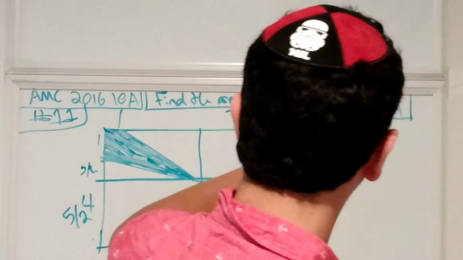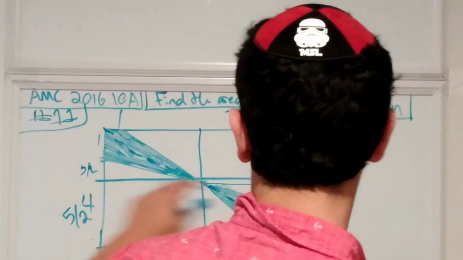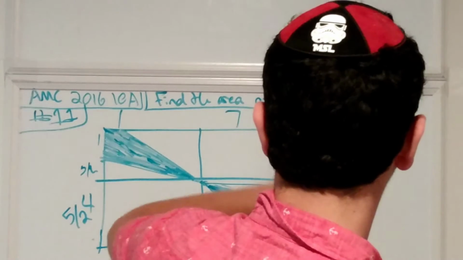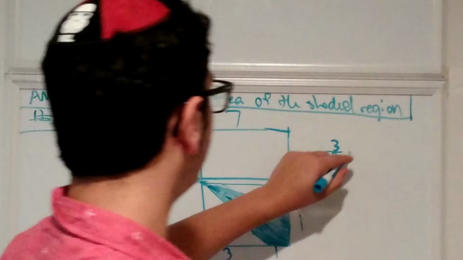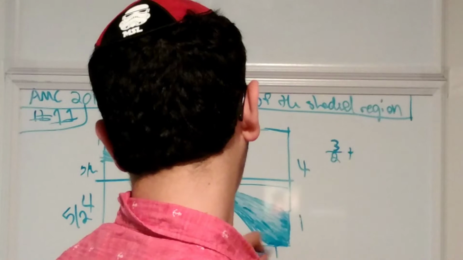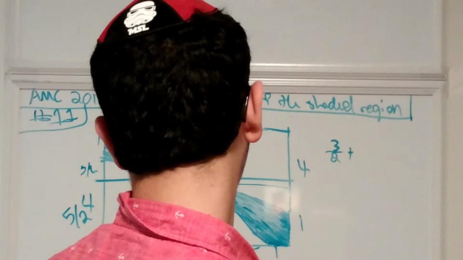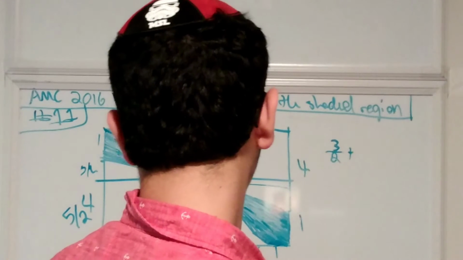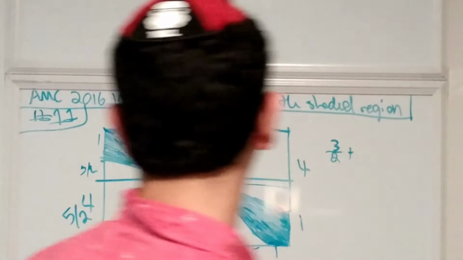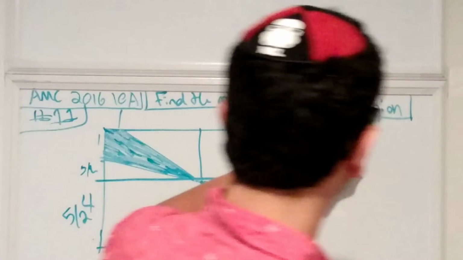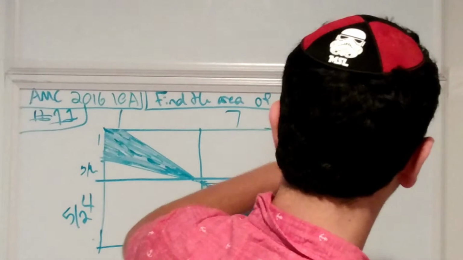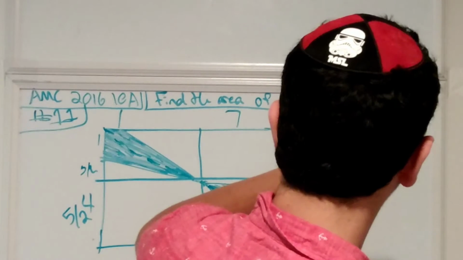It's going to be times 2, because we have that same... or here, let me not do that. So we're going to have 3 over 2, and then for this one right over here, its height is going to be 5 over 2, so it would be 1/2 base height, so it would be 5 over 2 divided by 2, which is 5 over 4.